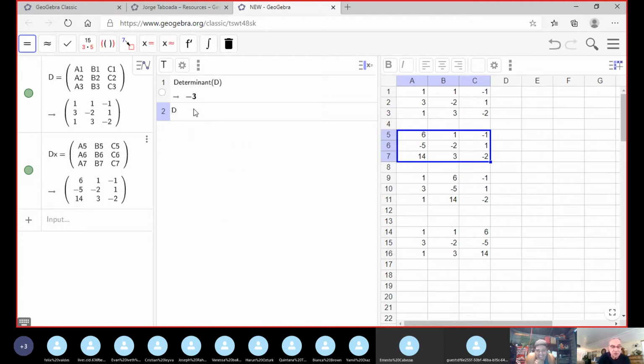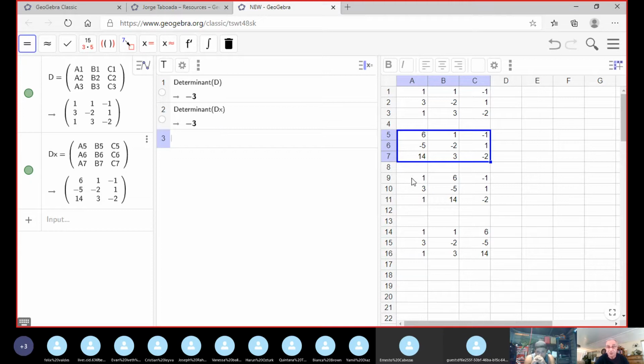Again, determinant. Determinant of DX. Press enter. -3. What do you think is the value for the x? According to the Kramer rule, dx divided by capital D. Negative 3 divided by negative 3 is positive 1.